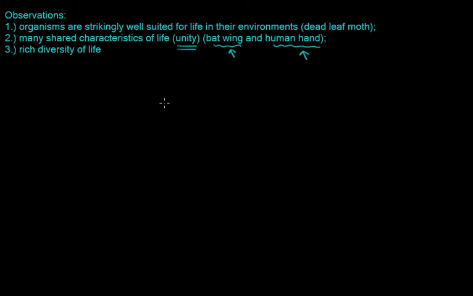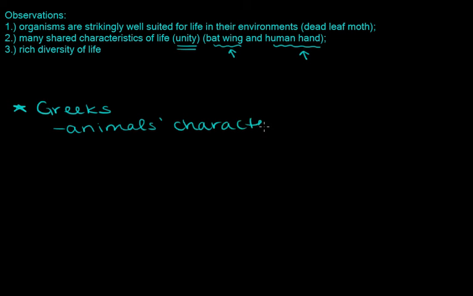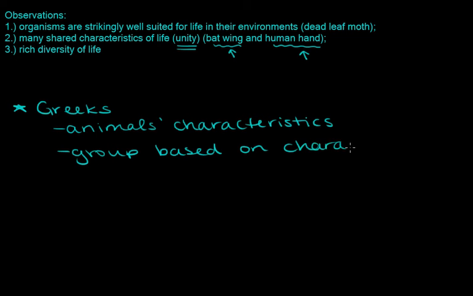Okay, so we're going to start by talking about what the Greeks observed. The Greeks observed animals, and what they observed is that different animals have different characteristics. And so they were able to group animals into distinct categories based on these characteristics, like height, hoofs, skin, fur, that sort of thing.